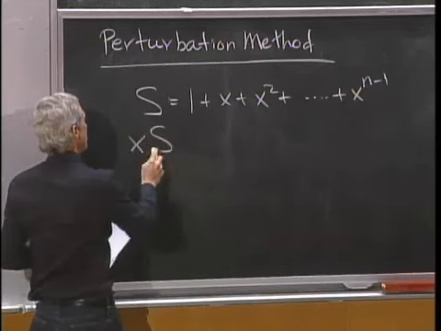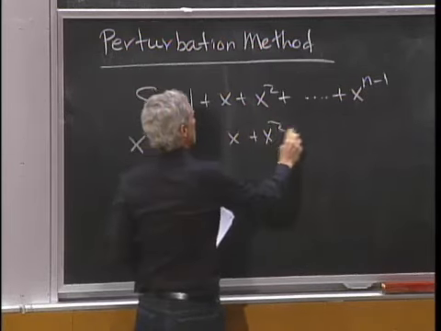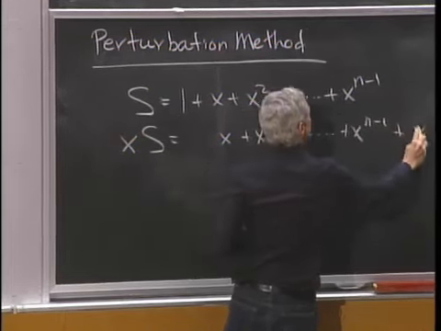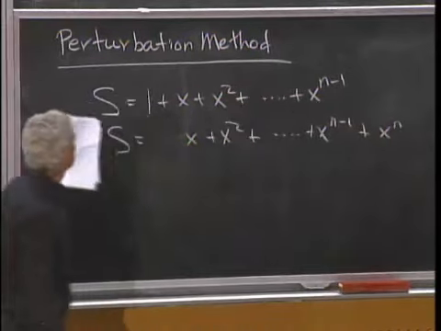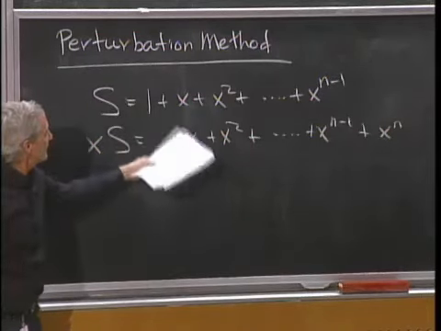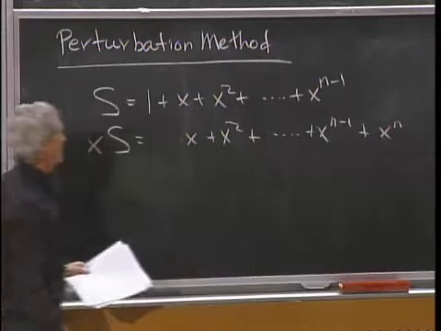We multiply the sum by x to get x plus x squared plus ... right? I've defined s to be that. x times s, well, I get x plus x squared and so forth up to x to the n.